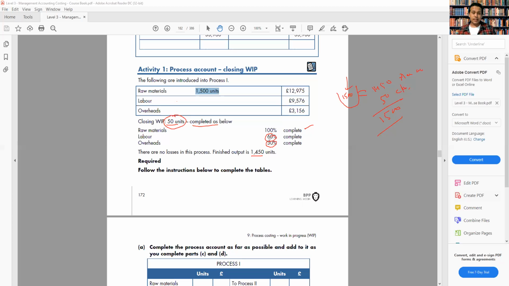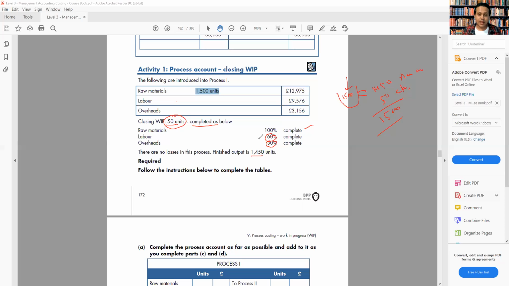Now this is the closing. Remember that closing means my month is ended, my period is ended, my year is ended. This is left in the warehouse as a closing. So whatever is completed, 60% or 30%, means up to this percent is completed. But we don't need to do anything for this period, because tomorrow it will be the opening inventory.